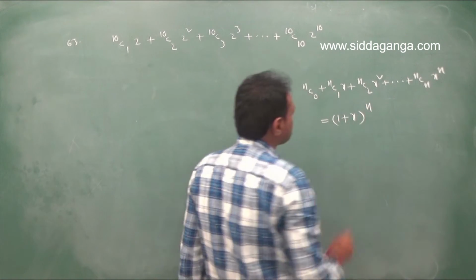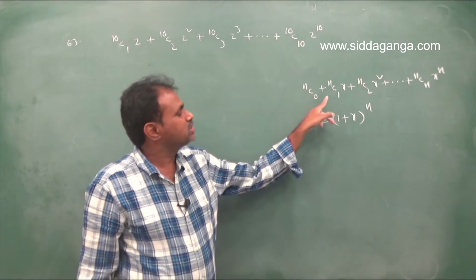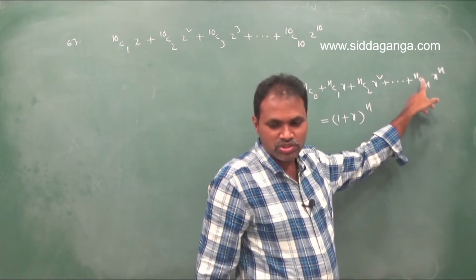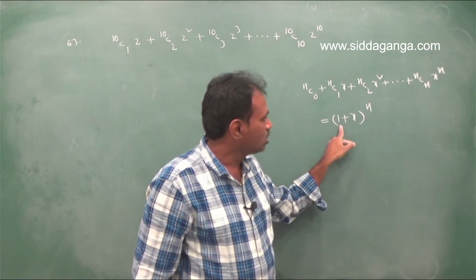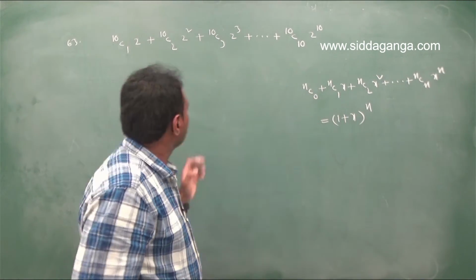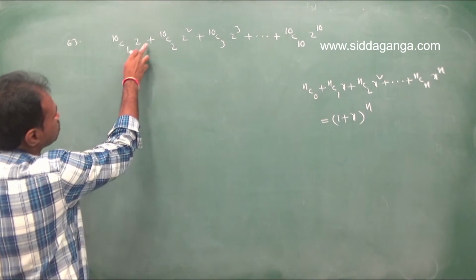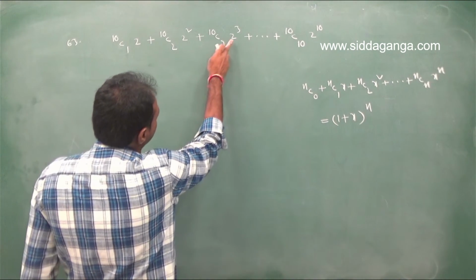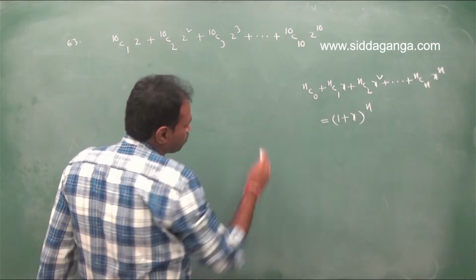This is the expansion. Now 10C1 2, 10C2 2 square plus 10C3 2 cube plus up to 10C10 2 power 10.